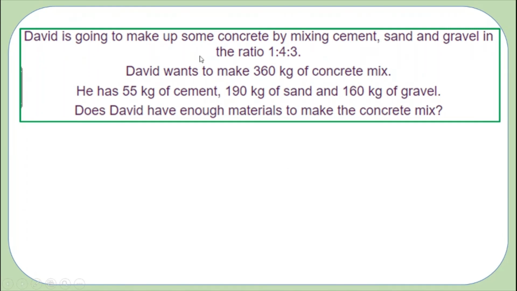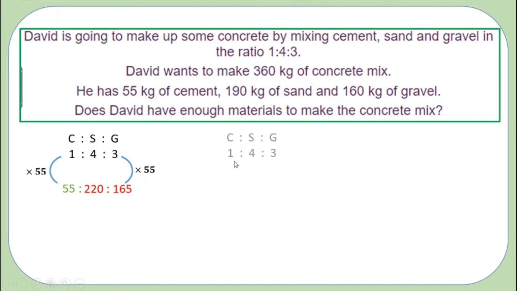And finally, David is making up some concrete in the ratio 1:3. Does he have enough? Well, using the first version, using all the cement, we're going to get an answer that unfortunately needs more sand and gravel. My apologies. The second, where we use all of the sand, you're multiplying by 47.5. I got that by doing 190 divided by 4.